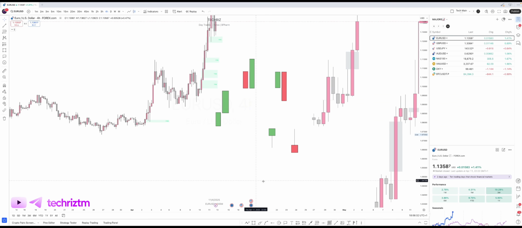A pin bar, a hammer. They are very important because most times they show you rejection in price movement. So let's say price was intending to sell before, but there was a very, very strong rejection by buyers and they were able to push price and close it above here. When it shows up like this, most times the next candle that's coming out is a buy. So you're going to study the candlestick PDF by, I think, Munehisa Homma.